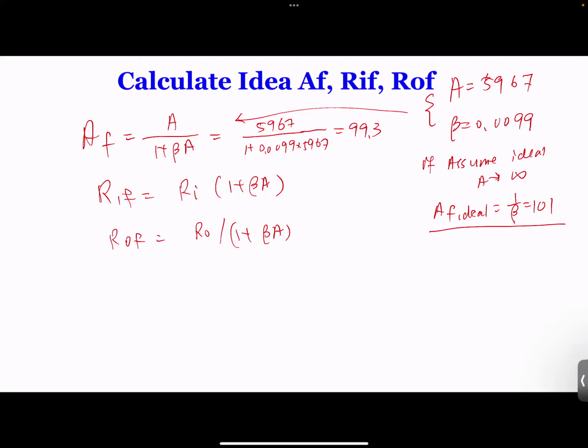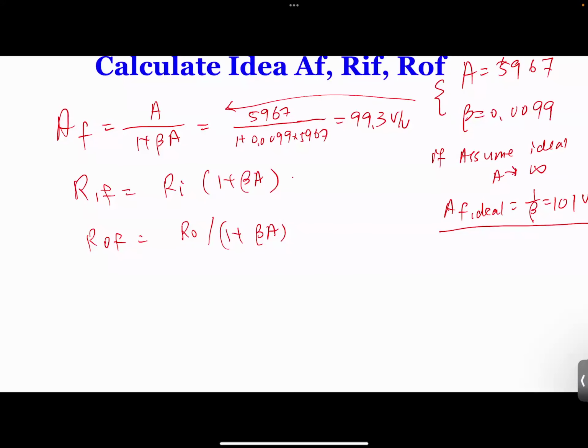This unit should be volt per volt, here too is volt per volt. So you can see here, if we assume everything ideal, the value is 101, but if we assume it's not ideal, we got 99.3. So the difference is fairly small, 2%, not very big. And then we can plug in these numbers to get RIF and ROF.